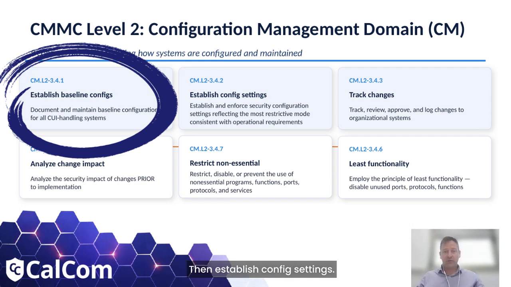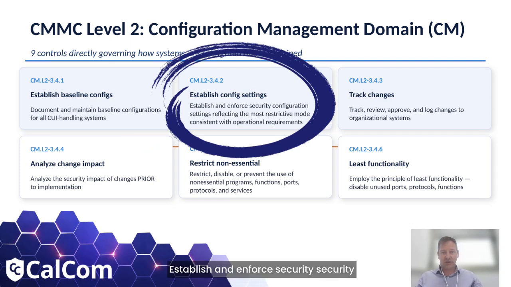Then establish config settings: establish and enforce security configuration settings reflecting the most restrictive mode consistent with operational requirements. Kind of a way for us to decide, or in a way get a recommendation on how we actually establish the baseline config.